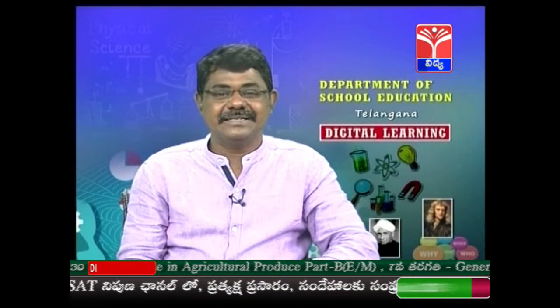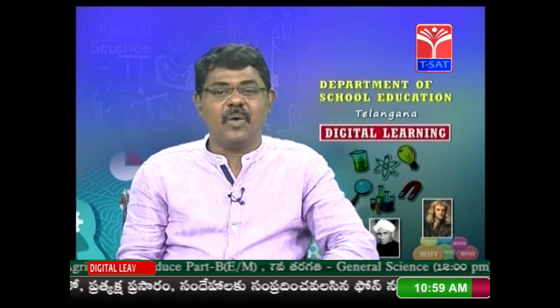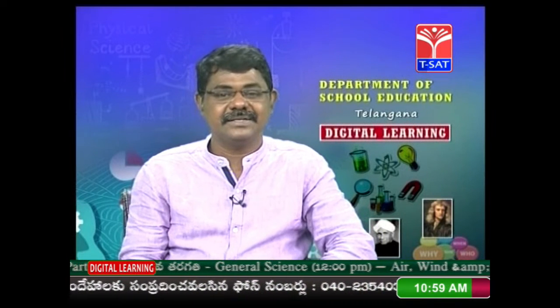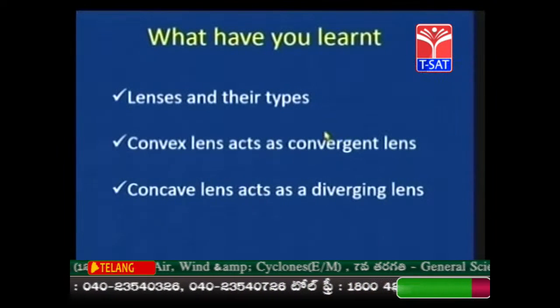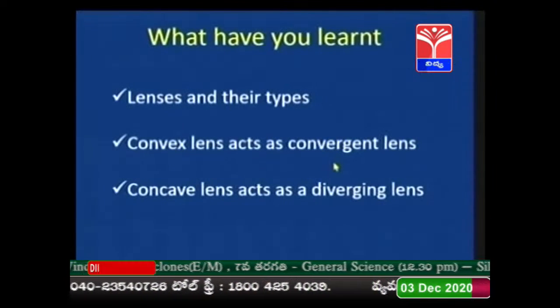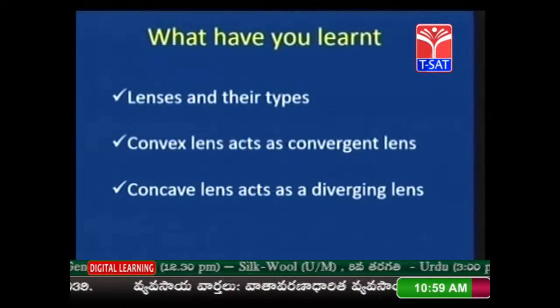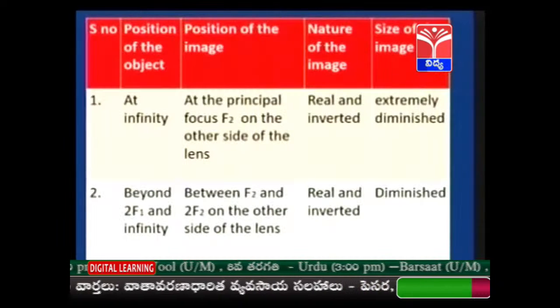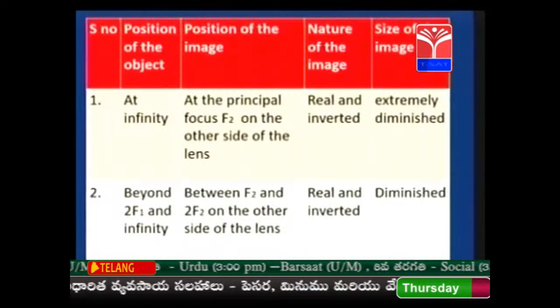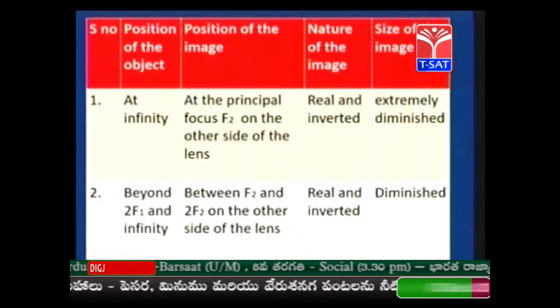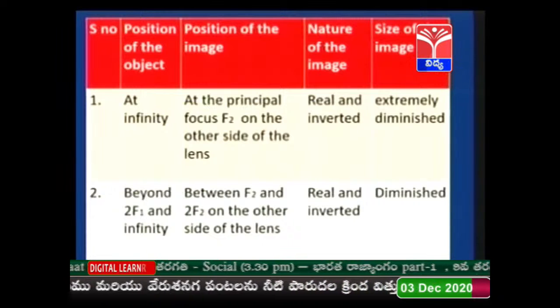Dear children, let us recollect what you have learned today. In this session we learned lenses and their types. Convex lens acts as a convergent lens, concave lens acts as a divergent lens, and the images for objects placed at different positions.